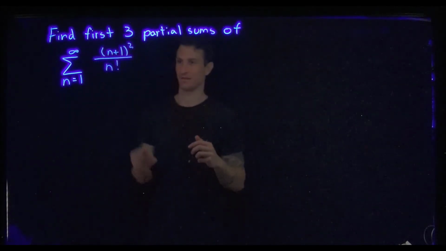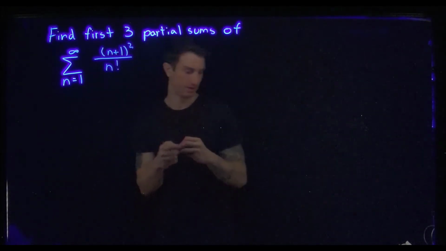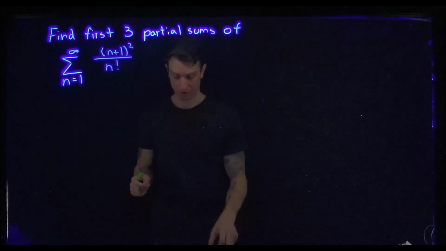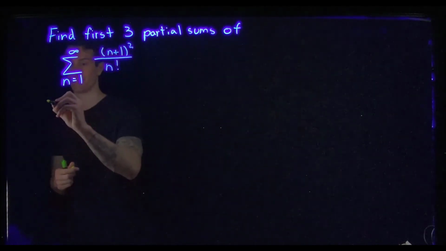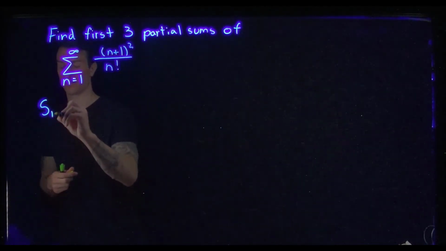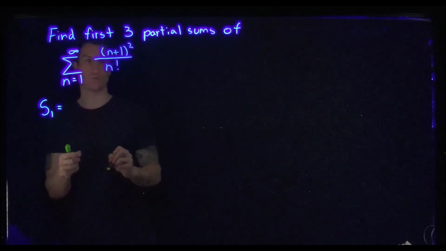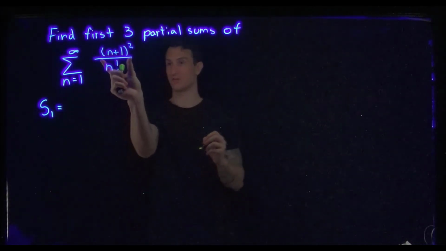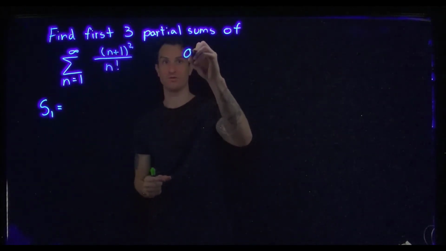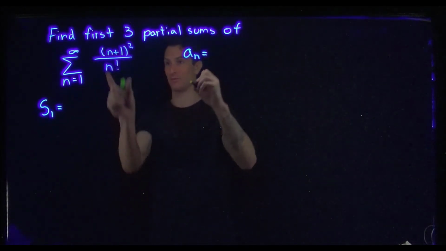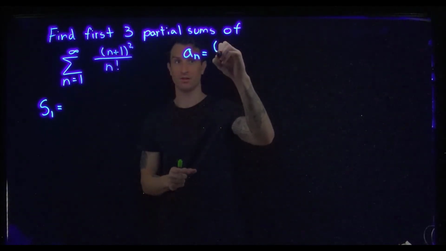Just to make it different, get used to factorials, get used to squaring. We just want to do the first 3. So the very first one we want to find here is S1. Well, S1, and just so we remember, this is our sequence. We're adding up all the terms of our sequence. So if you ever see me use this as shorthand, A sub n, I'm referring to our sequence here.